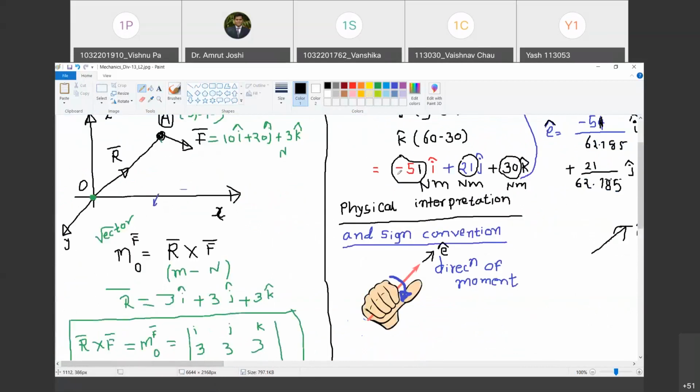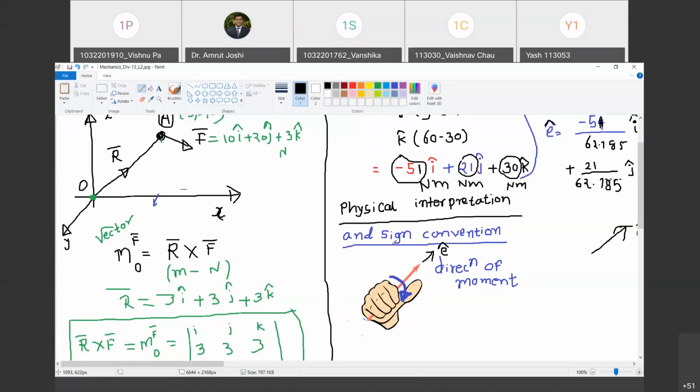Now, what do we mean by this positive and negative sign? So we are now talking about the sign convention of a moment of a force. Are you with me? Yes, sir. So sign convention of moment of a force is driven by the right hand thumb rule. So put your fingers of right hand curled in the direction of the moment. The thumb of your right hand indicates the direction of the moment.